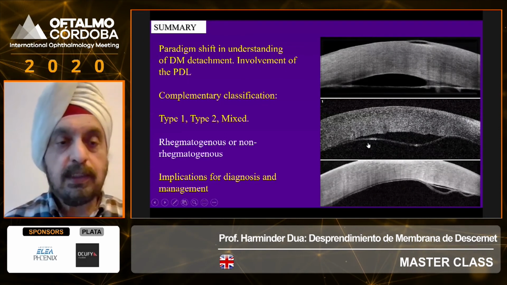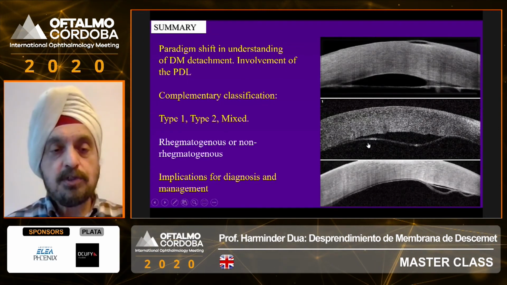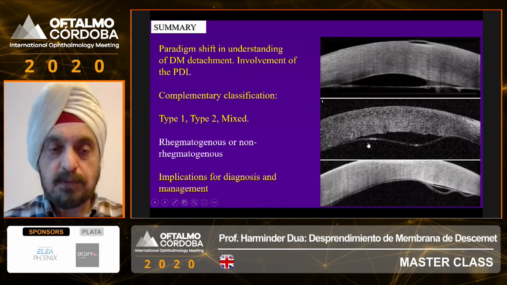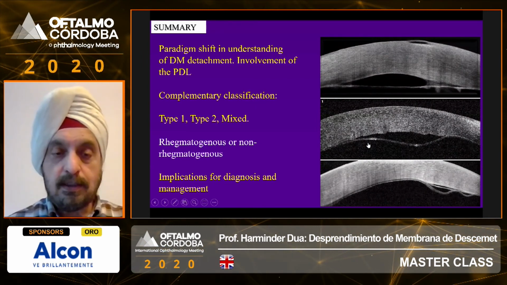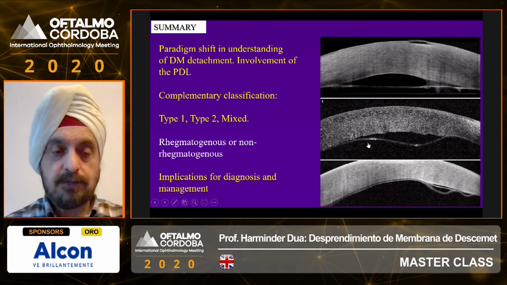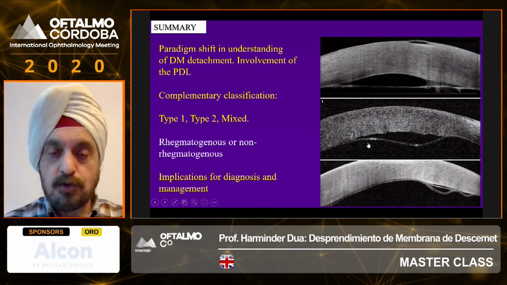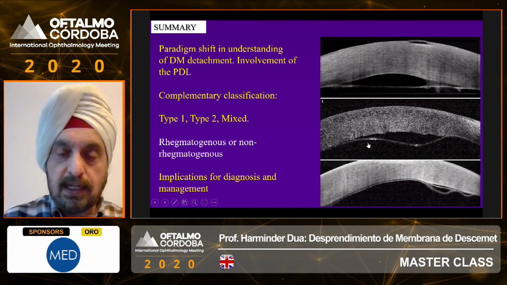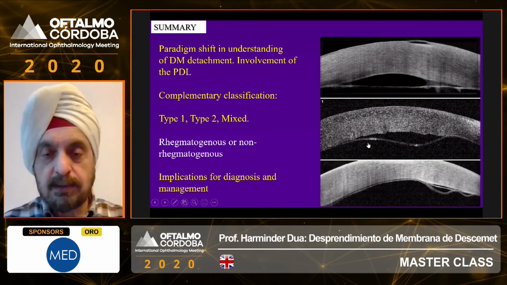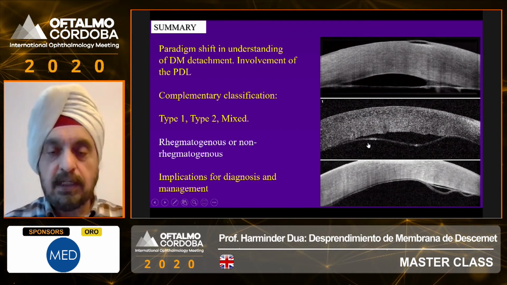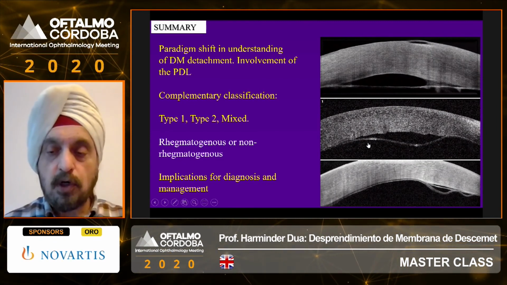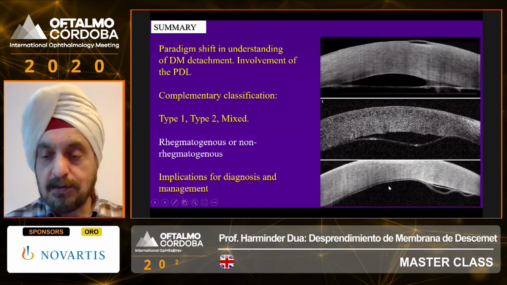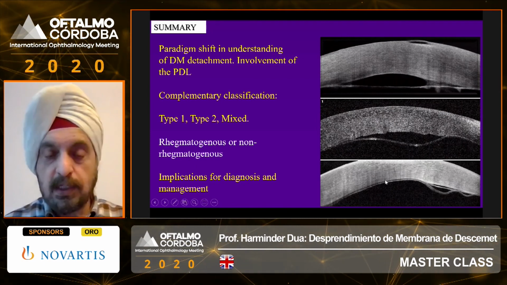So in summary, we have had a paradigm shift in our understanding of Descemet's membrane detachment because of the involvement of the predescemetic layer. There's a complementary classification. In addition to what we've already seen, the planar and the non-planar detachments and the active and the passive detachments, we can add whether it's a type 1, type 2, or mixed, as seen in these three pictures.